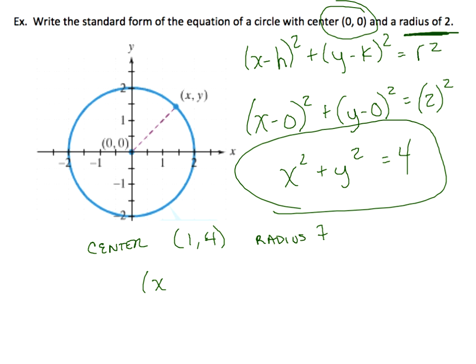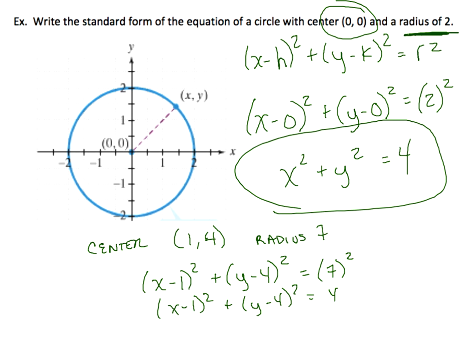The standard form for that would be (x minus 1) squared plus (y minus 4) squared equals 7 squared. So (x minus 1) squared plus (y minus 4) squared equals 49.